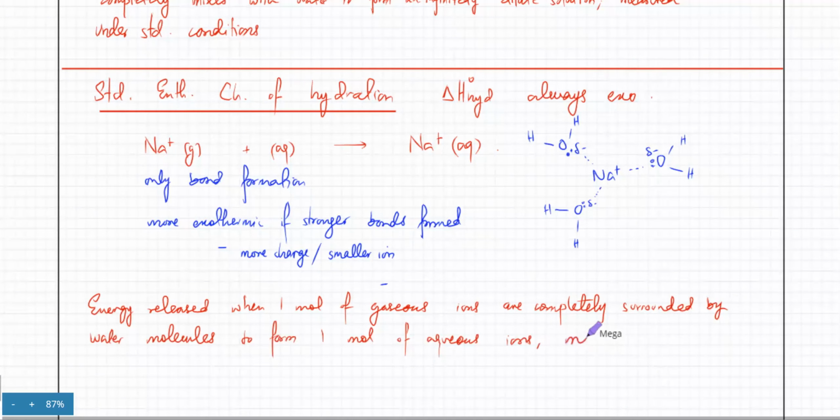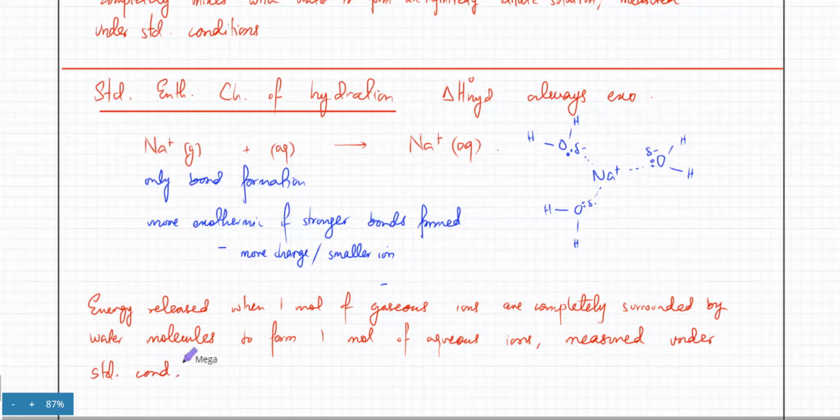And this would be measured under standard conditions.